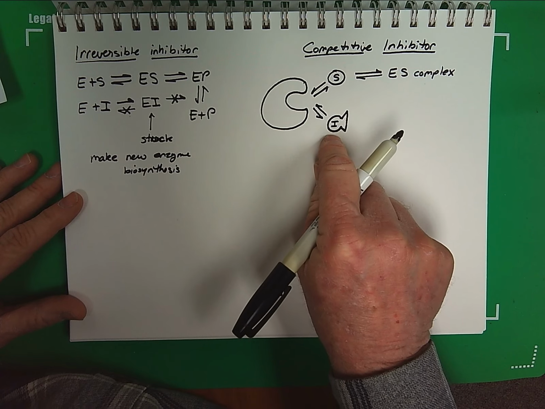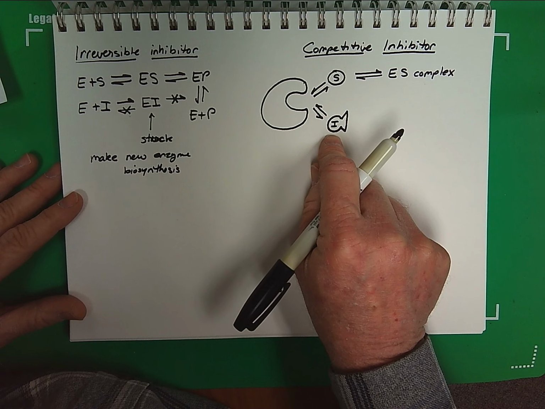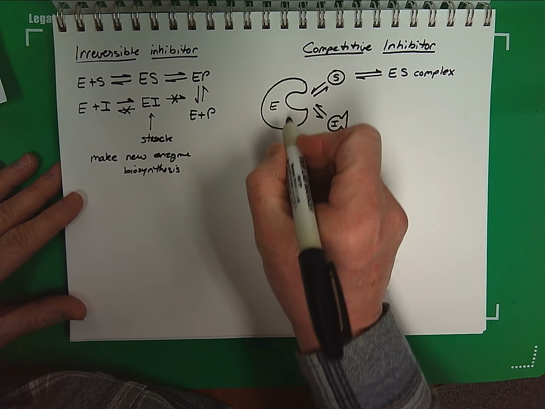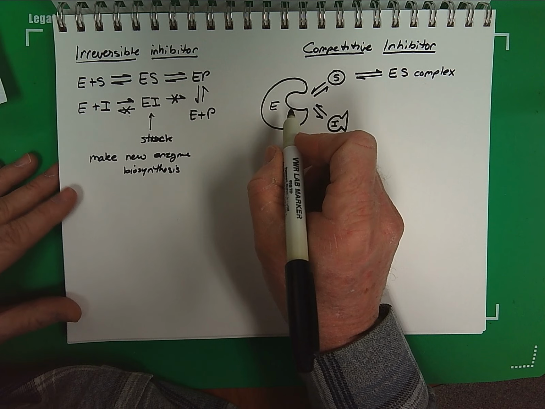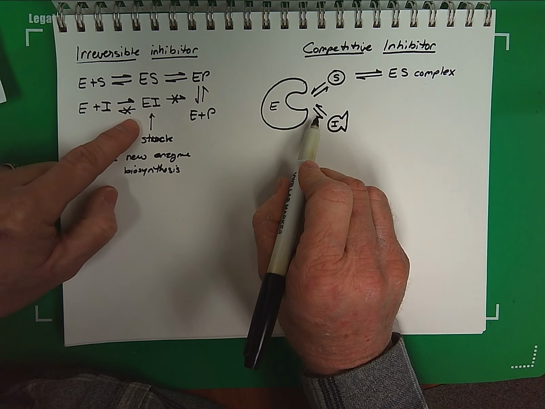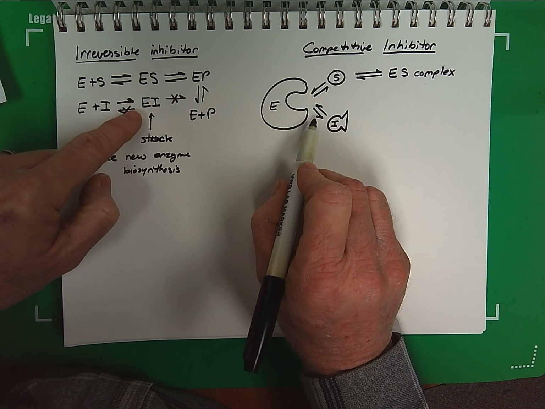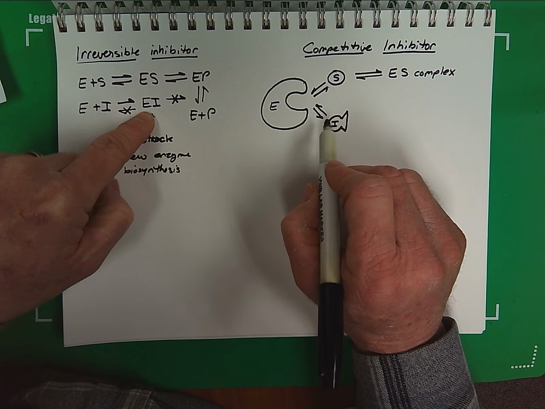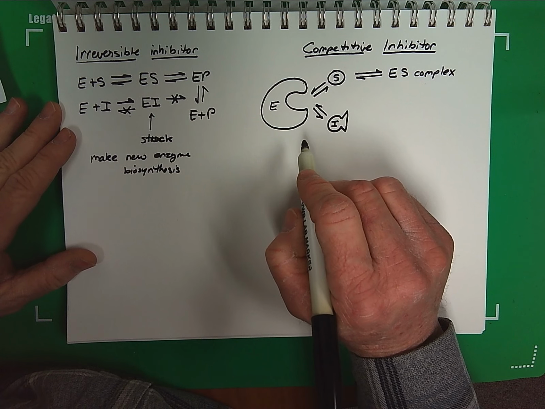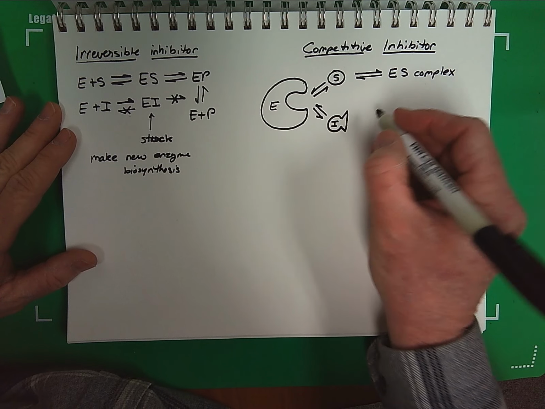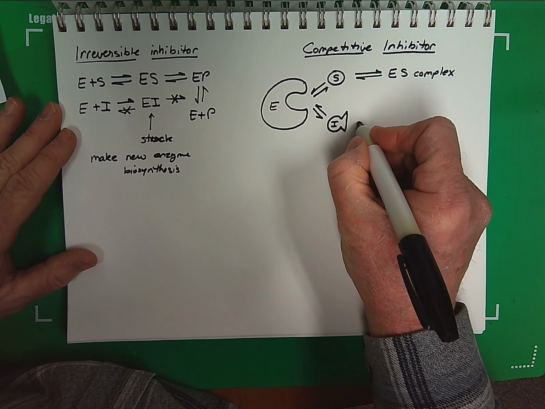Typically, the binding of the inhibitor to the enzyme is reversible. If this was not a reversible reaction, then it would be an irreversible inhibitor because it's trapping in the ES complex. But because it's reversible, this means that the substrate can also have access to that active site.